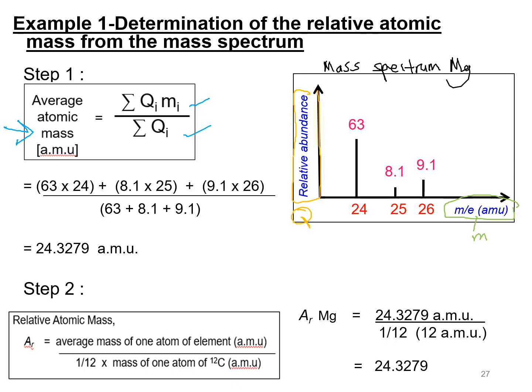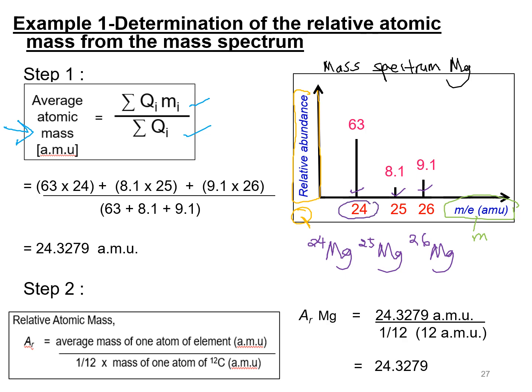So kat sini, you see here, kat sini dia ada 3 line. 1, 2, 3. Maksudnya dia ada 3 isotop. Maksudnya dia ada isotop Mg24, Mg25 and Mg26. Okay, for Mg24 dia punya mass dia adalah 24.